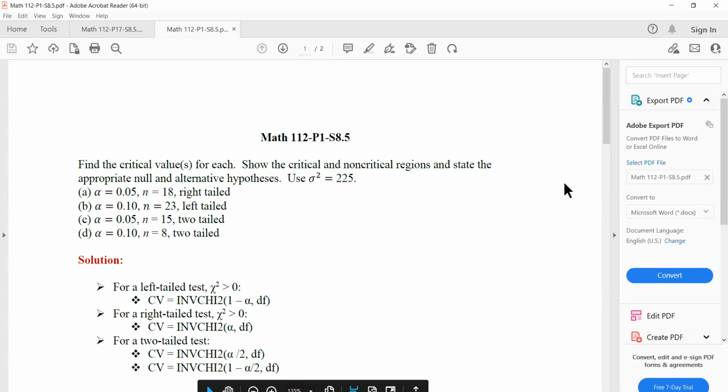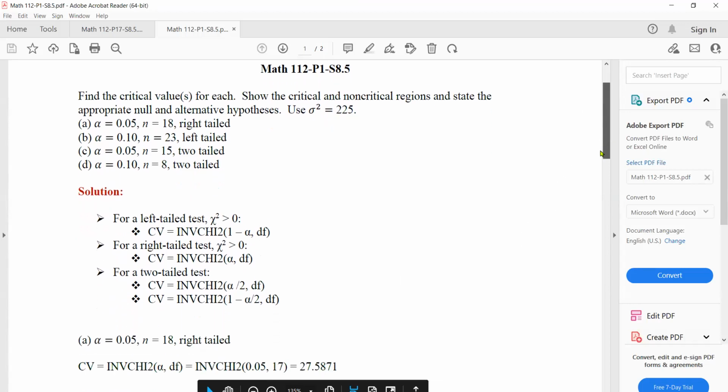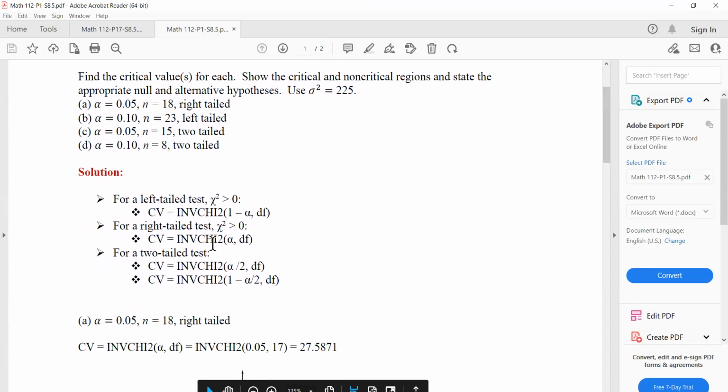If you look at the instructions here, for a right tail test, chi-squared will be greater than 0, and your critical value is going to be inverse chi-squared of alpha and df.